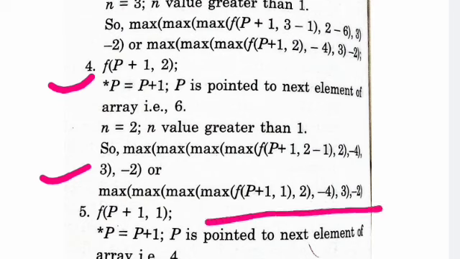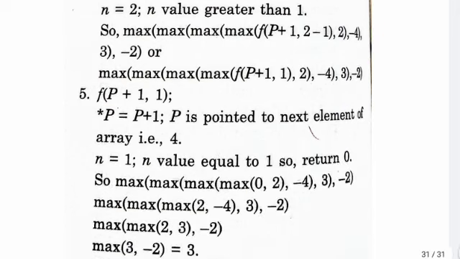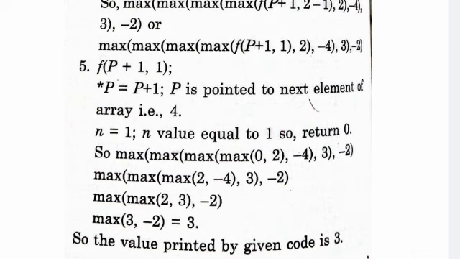Next element of the array is 6. Now at the end we get function f(p plus 1, 1). So here the pointed value of the array element is going to be 4.